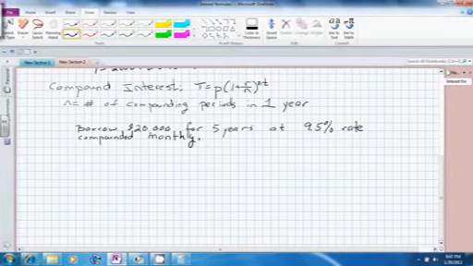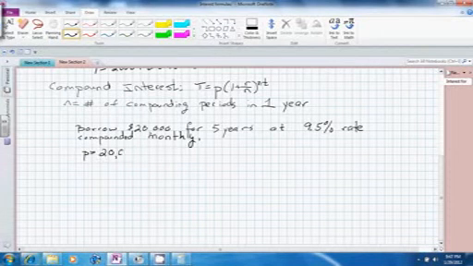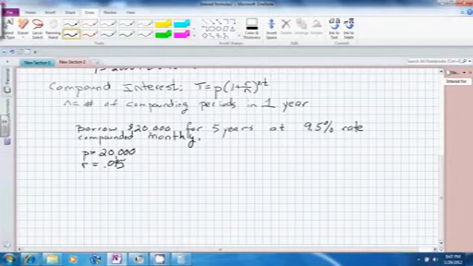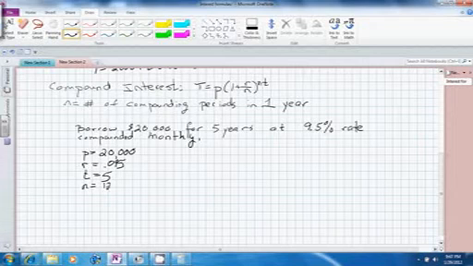So if I go through this, my principal is $20,000. My rate is 0.095. My time is 5 years, and n is 12. Since I'm compounding monthly, n is equal to 12 because there's 12 months in 1 year.